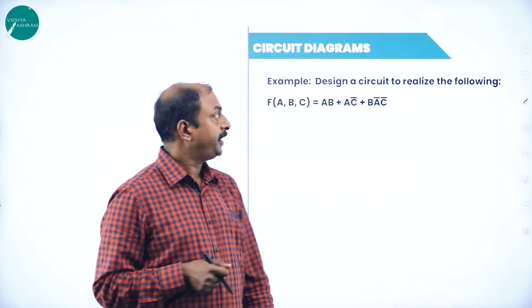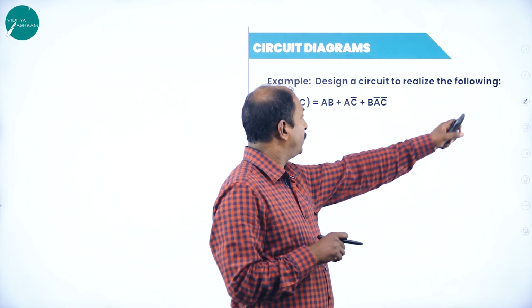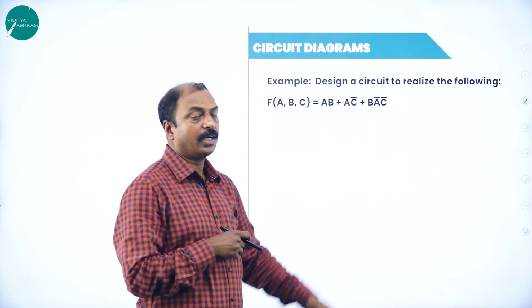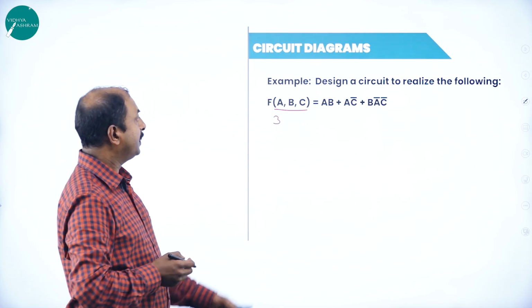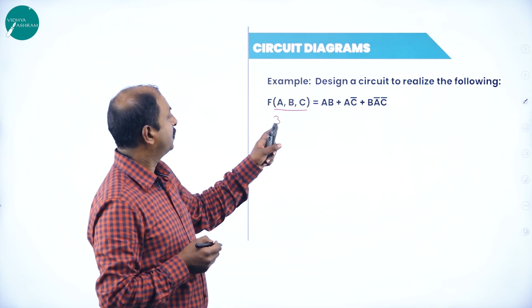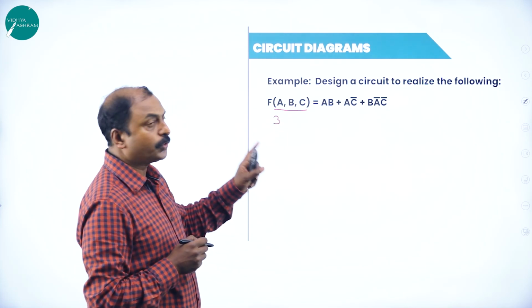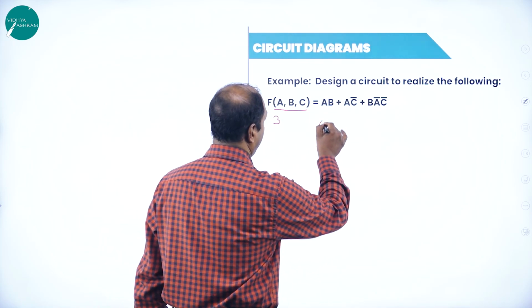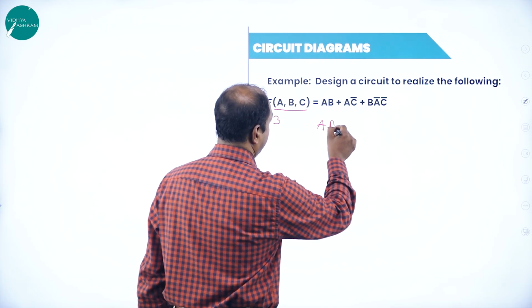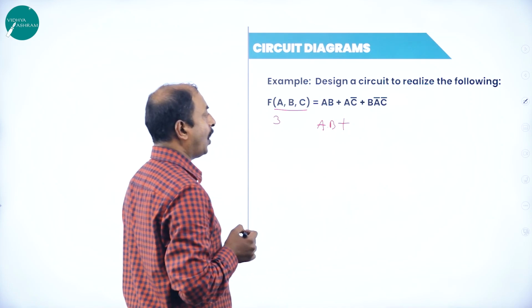Okay. Next concept is circuit diagrams, that is, to design a circuit diagram for the given functions. In this example, you can see there are 3 input signals, that is A, B, C, and the output would be AB. Here we have to read it as A and B. This is dot, and this plus stands for the OR gate.